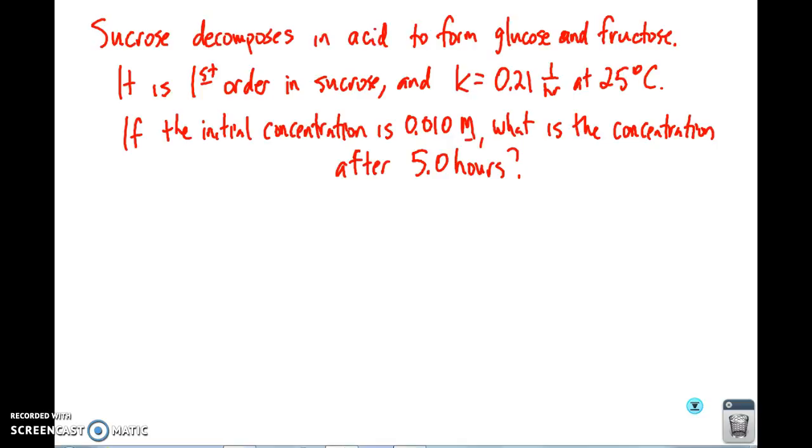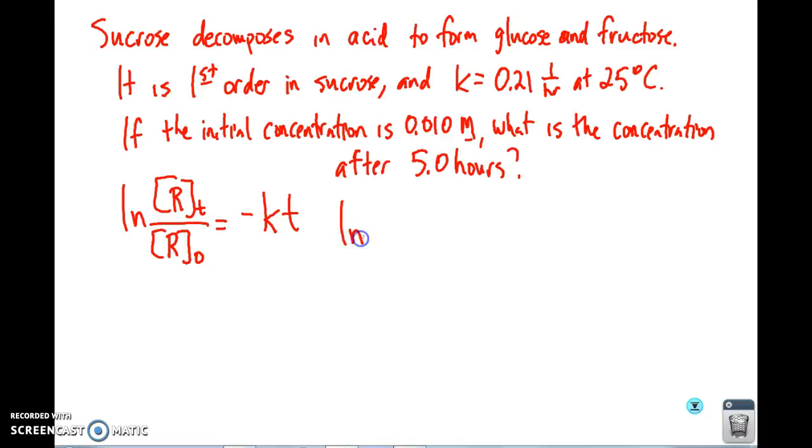Since this is a first order reaction and they're giving us some information, we're going to use that equation we just talked about. The natural log of the reactant at time t divided by the concentration of the reactant initially is equal to negative kt, where we can solve for all these parts. So if we were to take this information and just plug in what we know, it becomes a really easy mathematical problem.